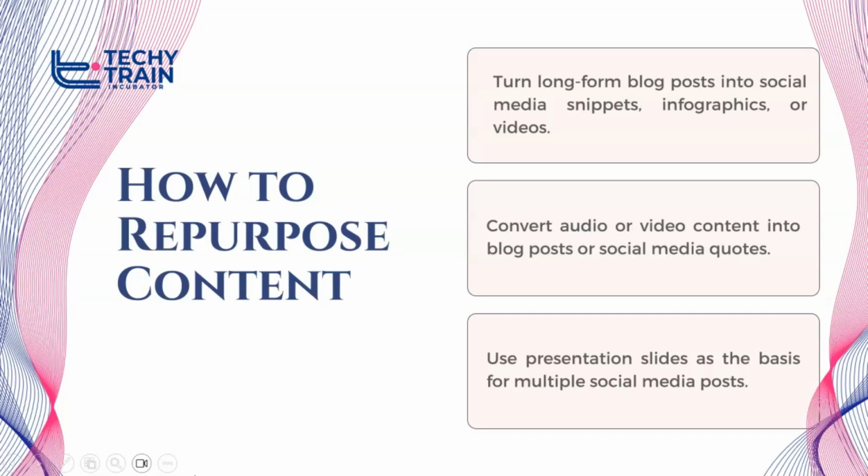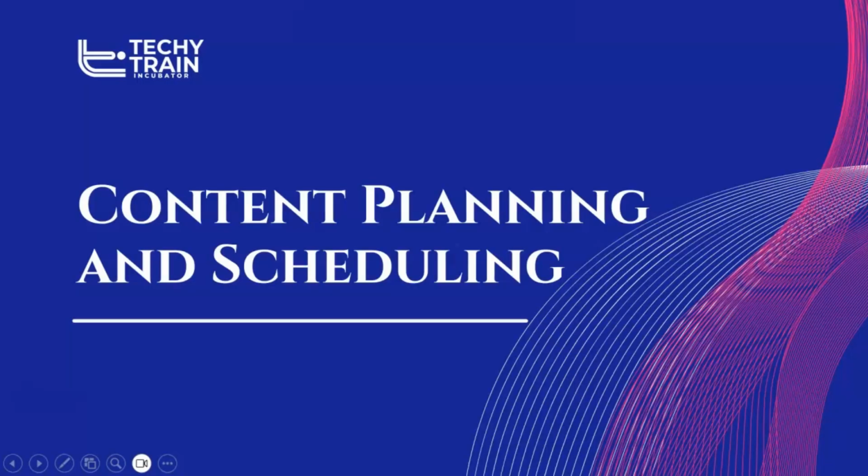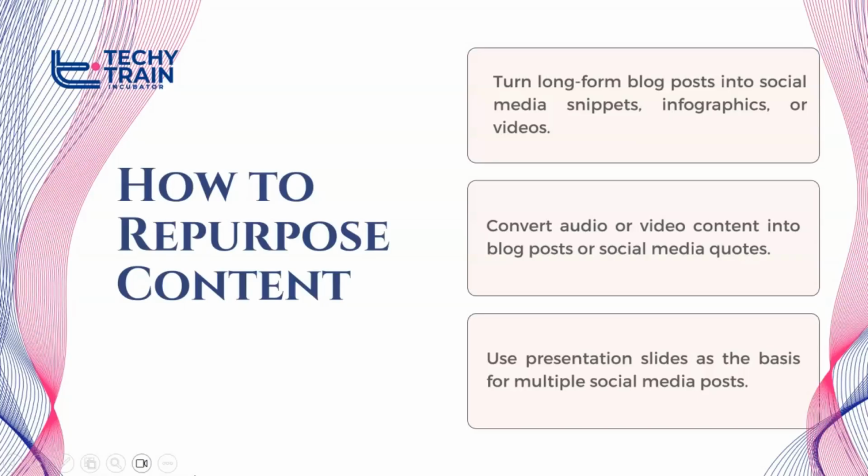Let's say you did a video about the same thing, you can convert it into a blog post or a social media quote. Then you can use presentation slides as the basis for multiple social media posts. You can even use an old post, something you posted maybe a year ago, bring it up again and write it in another form. That's a way of repurposing content.